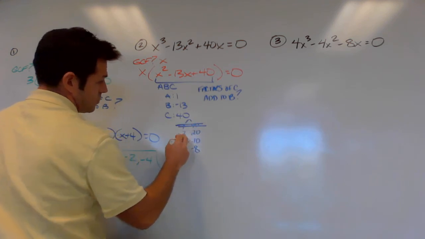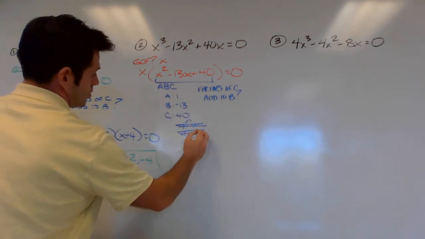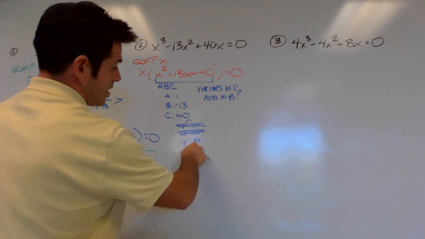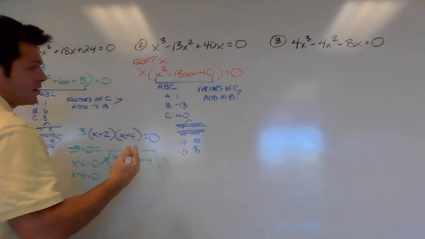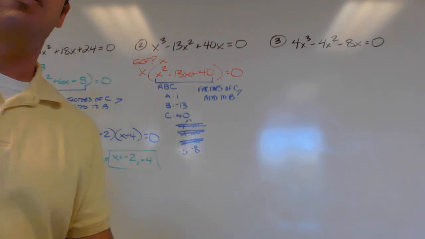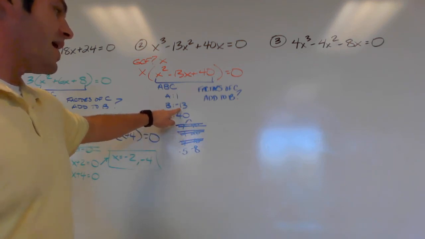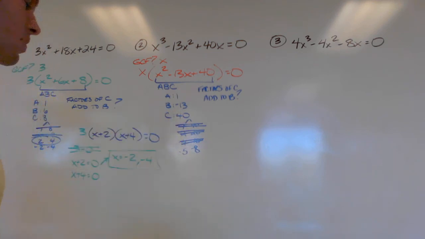It's not our B value. -2 plus -20 is -22, not our B value. -4 plus -10, very close, it's -14. That's not what we want though. -5 plus -8 would be two numbers that multiply to 40 and add up to -13.